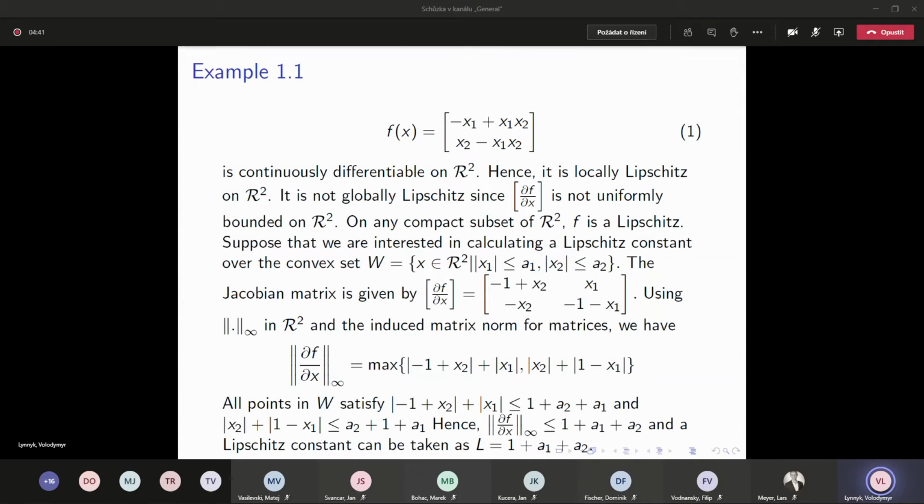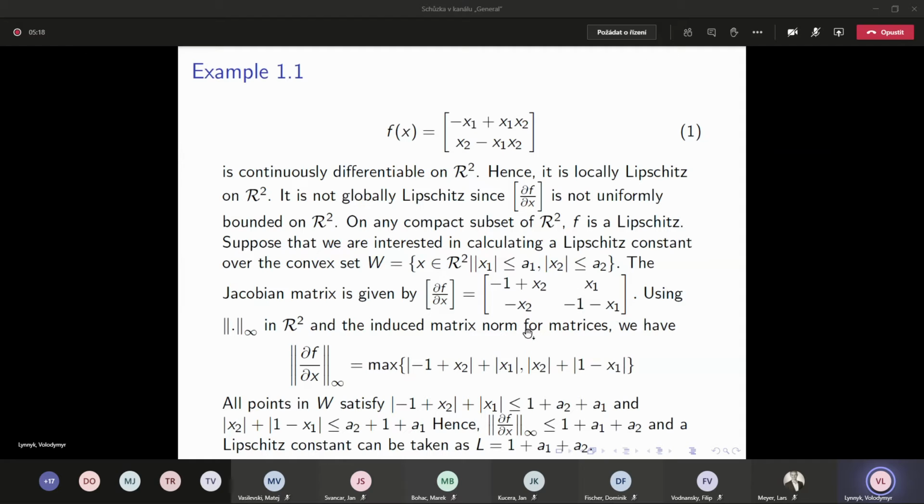But on any compact subset of R2, f is Lipschitz, and suppose that we are interested in calculating a Lipschitz constant on the set W, x in R2, with absolute value of x1 less than or equal to a1, and absolute value of x2 less than or equal to a2. The Jacobian matrix is given by the next.